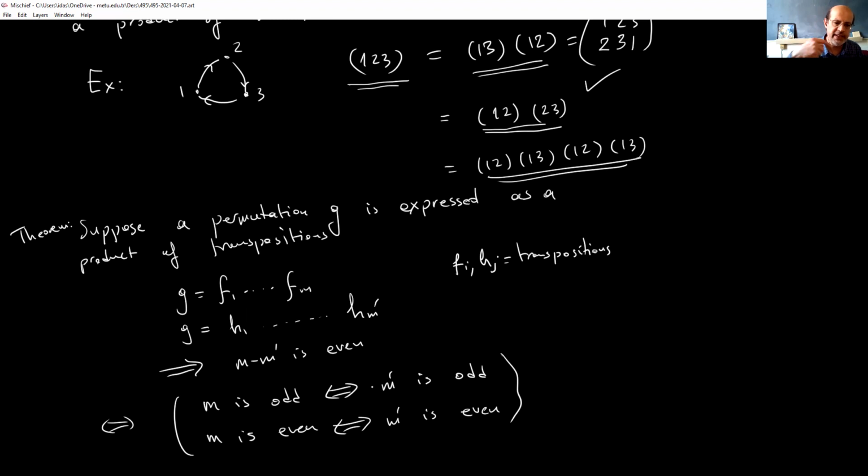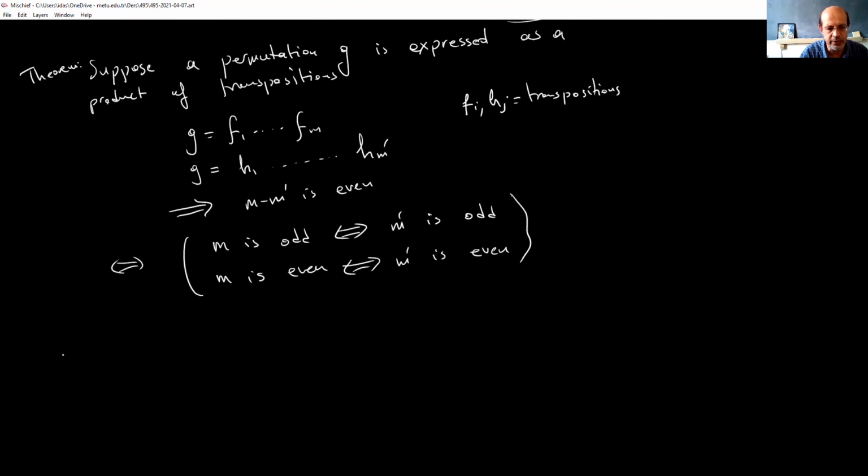And you can kind of see that this evenness and oddness has this natural product nature. So for example, if I multiply an odd permutation with another odd permutation, I need to get an even permutation, and things like that. So as a result, this is the definition.